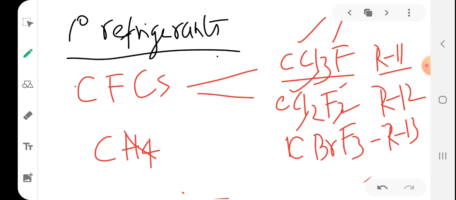But students, due to the presence of chlorine here, these CFCs have very desirable properties, like we have mentioned just now. They have a very low boiling point, freezing point, and low viscosity, and are thermally stable and chemically stable. They have a high critical pressure and critical temperature.